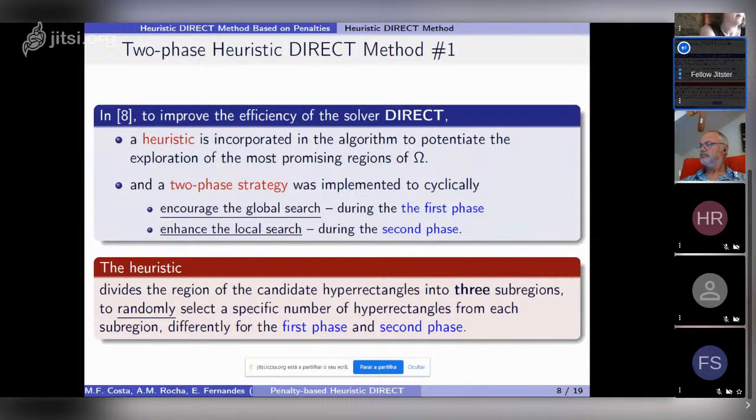And a two-phase strategy was implemented to cyclically encourage the global search in the first phase and enhance the local search in the second phase. The proposed heuristic divides the region of the candidate hyperrectangles into 3 subregions, to randomly select a specific number of hyperrectangles from each one of these subregions, differently for the first phase and the second phase.